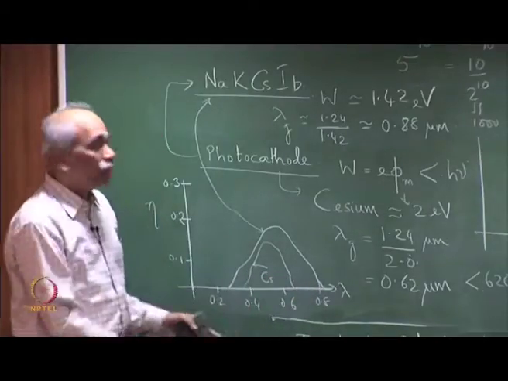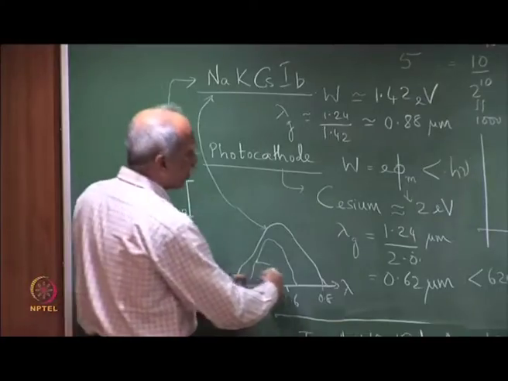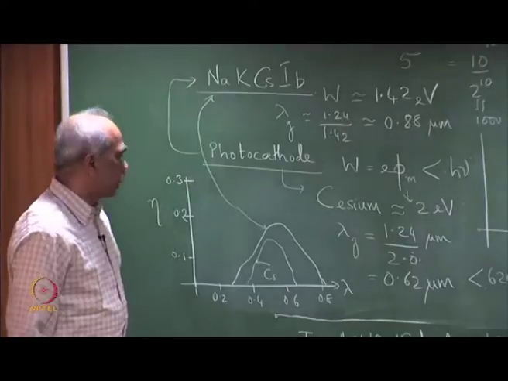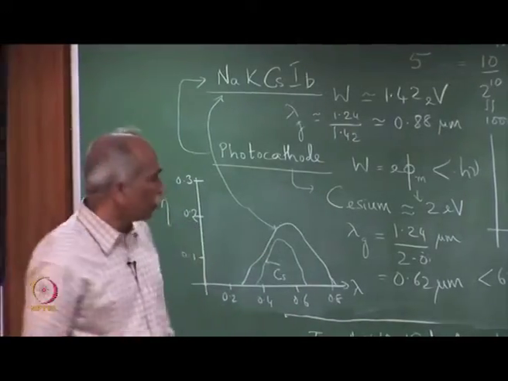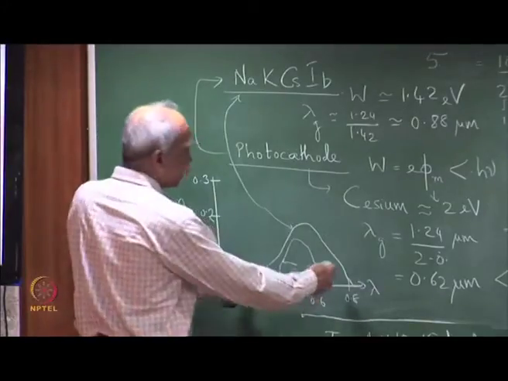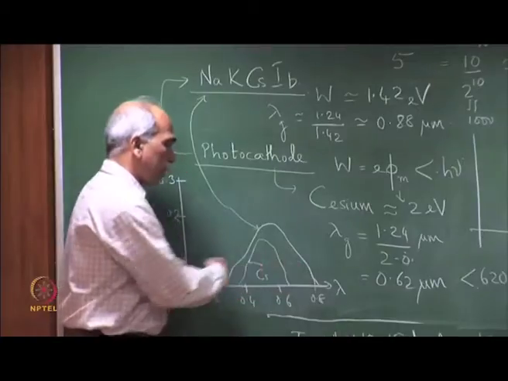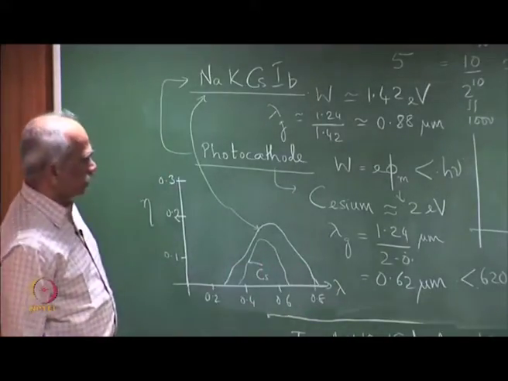It is very difficult to find materials which have non-zero quantum efficiency beyond 1 micron. So, this is in fact one of the primary limitations of photomultiplier tubes: the range of detection wavelengths is limited to visible or near ultraviolet or very close to infrared.